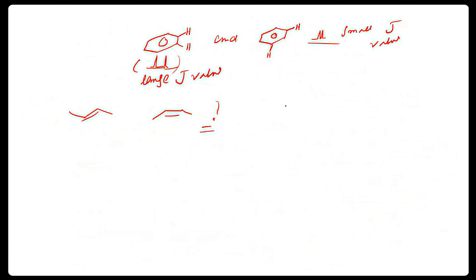We have these alkenes, C double bond C, let's say Cl is here and H, and here Cl, C double bond C, H, H. You have just been puzzled how to distinguish these two alkenes by NMR.